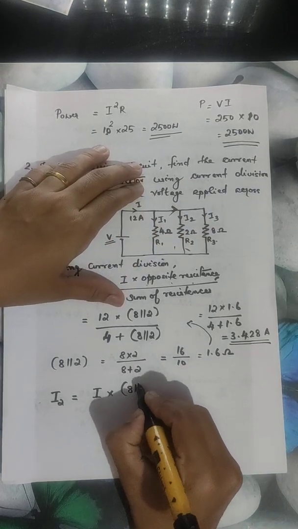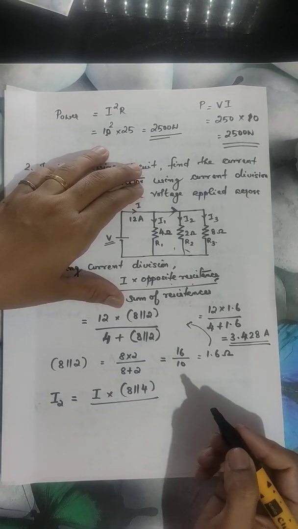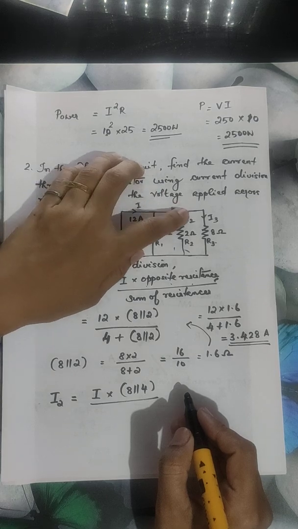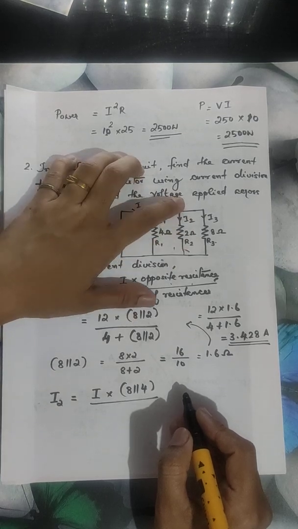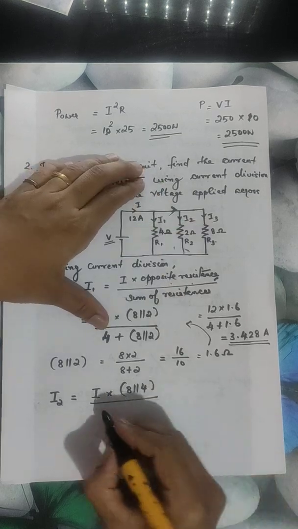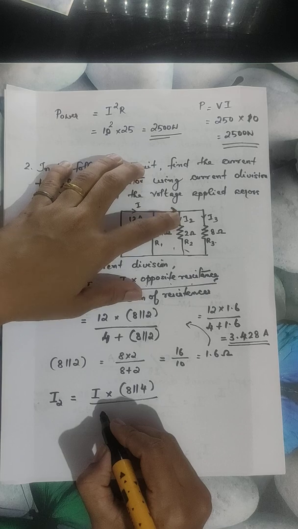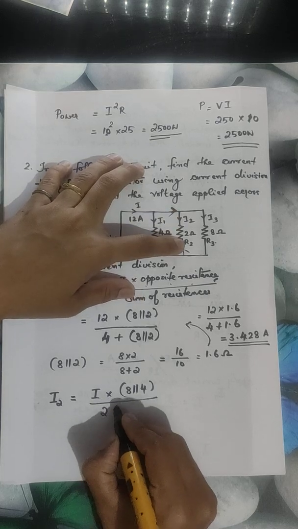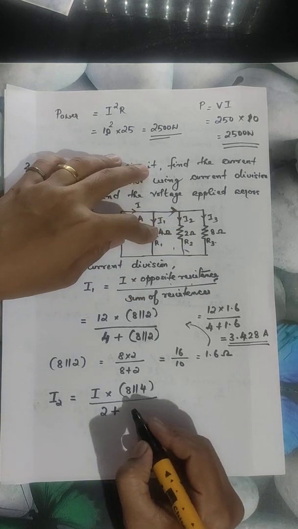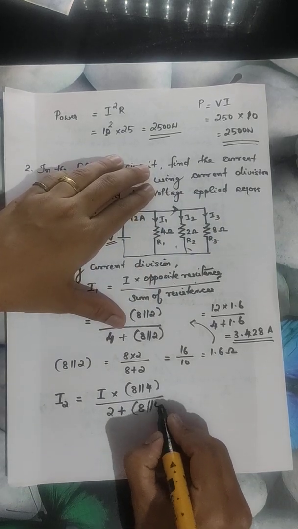So equivalent resistance of 8 parallel to 4 divided by sum of resistances. That is, resistance of the branch that we are considering plus the resistance of the other branch. That is, resistance of the branch that we are considering is 2 plus other branch resistance is 4 parallel to 8 or 8 parallel to 4.